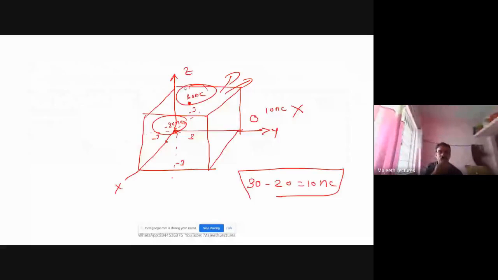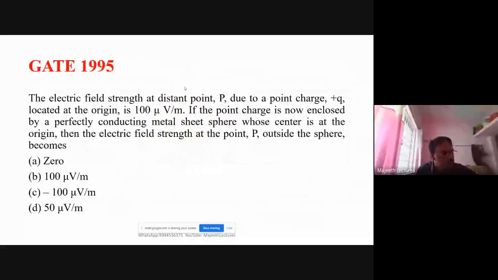Okay. You see, the next question is this. The electric field strength at a distant point P due to a point charge located at the origin is 100 volt per meter. So this is the point charge, this is the origin, right? This is the point P. Here the charge is located. At this point, the electric field is 100 volt per meter.